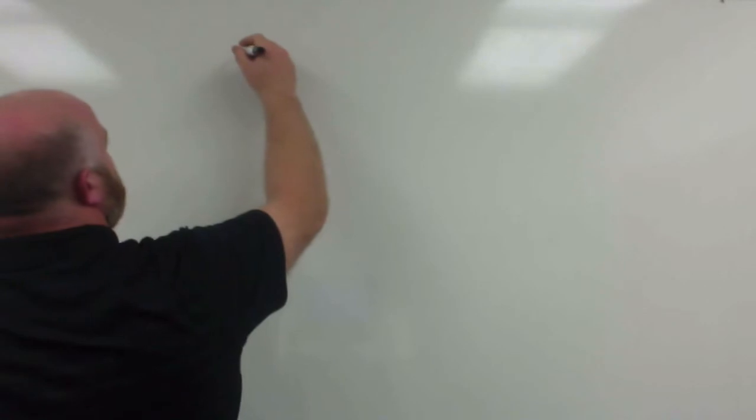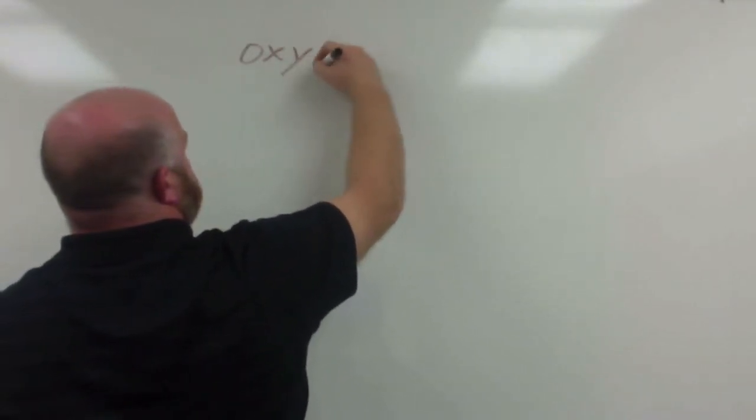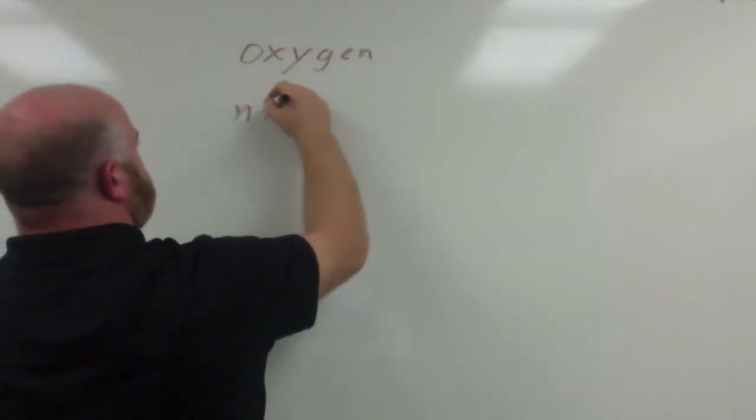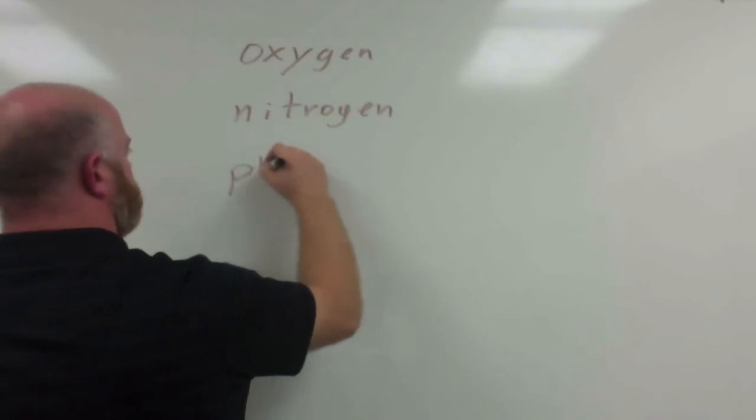Okay. Now, as we do these examples, a couple of things to make note of when you're changing your endings for oxygen, nitrogen, and phosphorus.